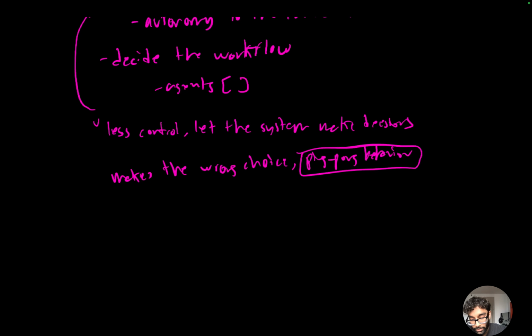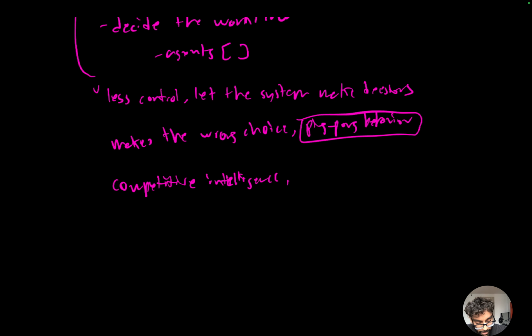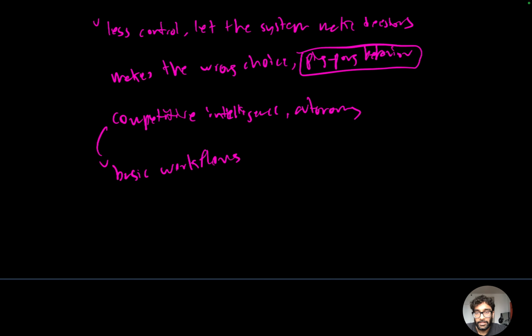But for use cases where you might have something like competitive intelligence, you want agents to almost compete and also have full-out autonomy in terms of which process to go forward with. These are very powerful. The way I see it, when I have basic workflows where I have a general idea of what actions should be taken, then I'm okay with going with the swarm route.